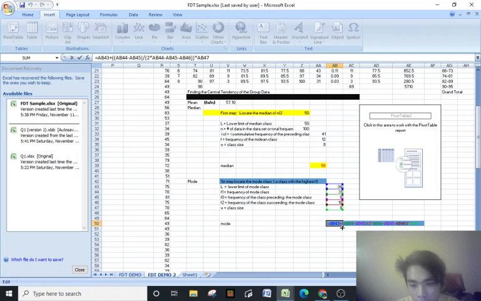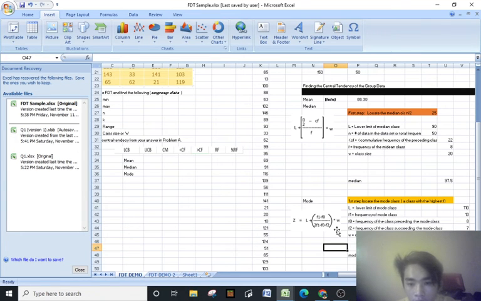Here, to get this answer, paste the 34, or the L, then add F1 minus F0, divided by 2 multiplied by F1 minus F0 minus F2, multiplied by the class size.